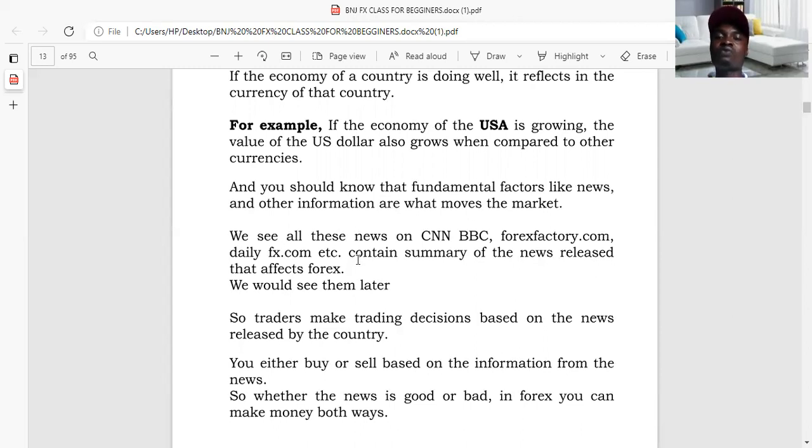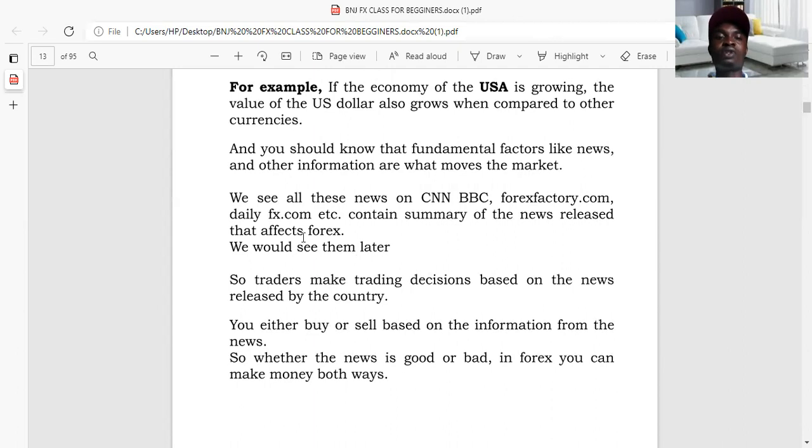And here is where we see all the news. We see all this news on CNN, BBC, forexfactory.com, dailyforex.com, etc. So this is where you will see the happenings. I'm being transparent, showing you my manual, giving it out for you to see.